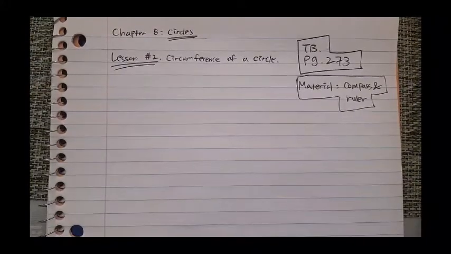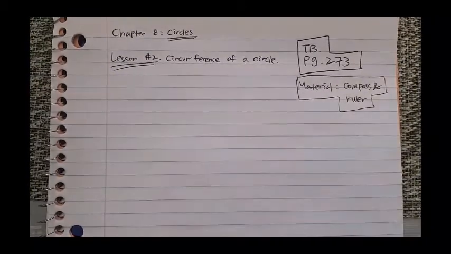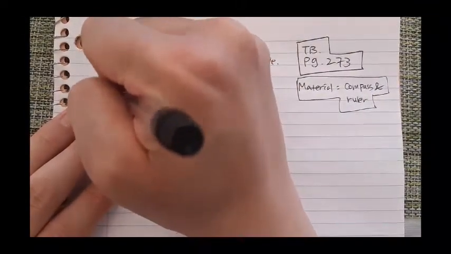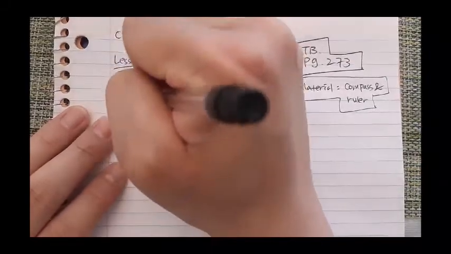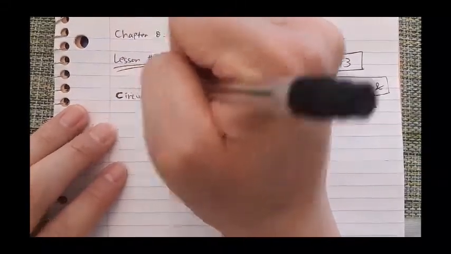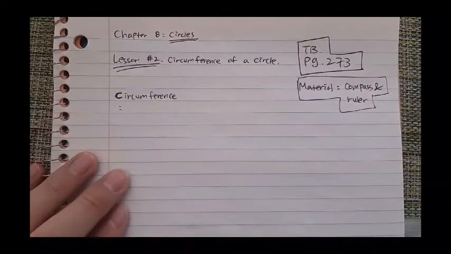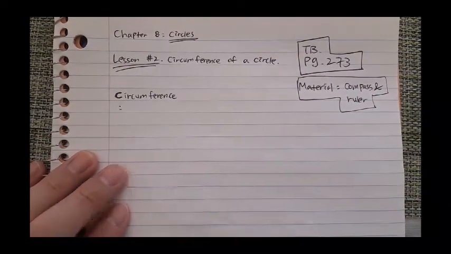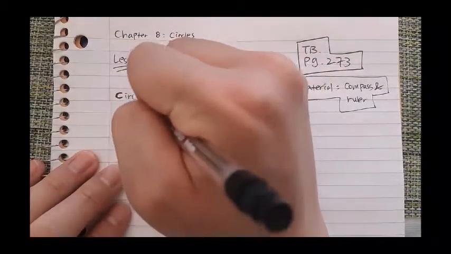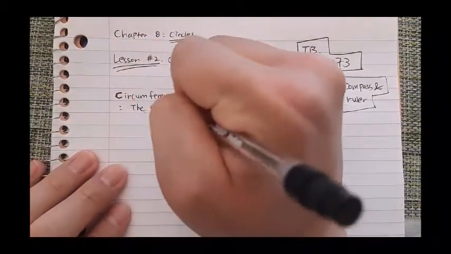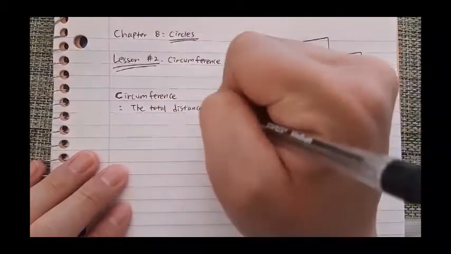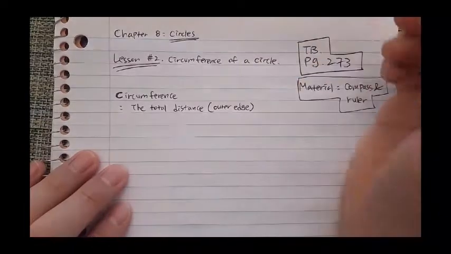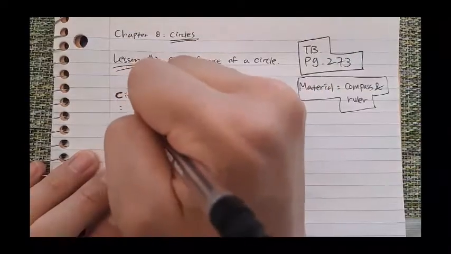Before we get into the world of calculating circumference, I like to do a definition check first. What is the term circumference? Circumference is basically a total distance, the outer edge distance around the circle.